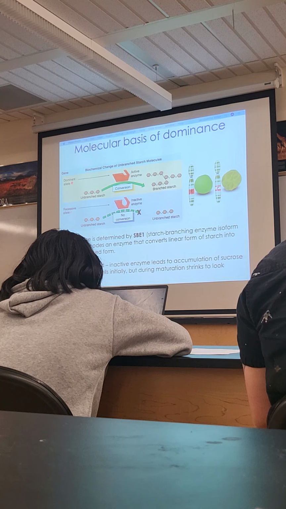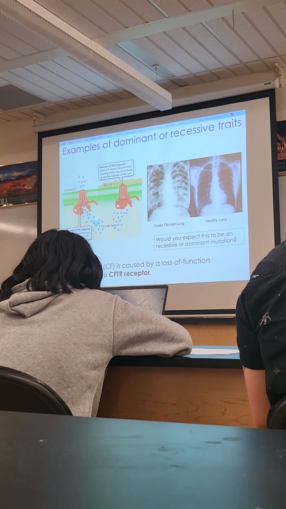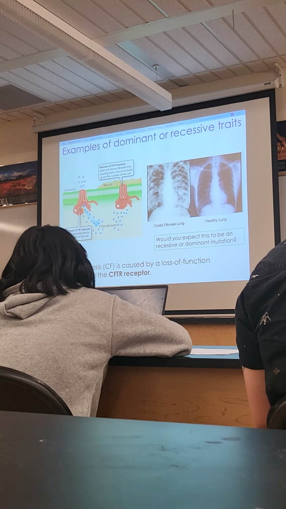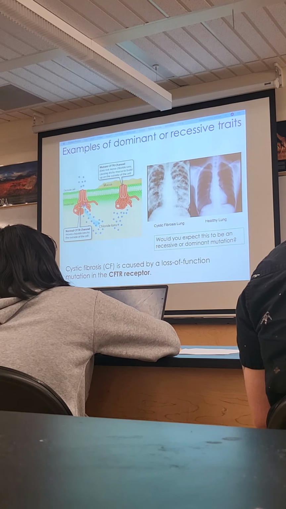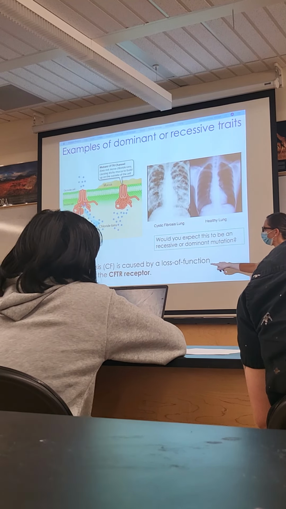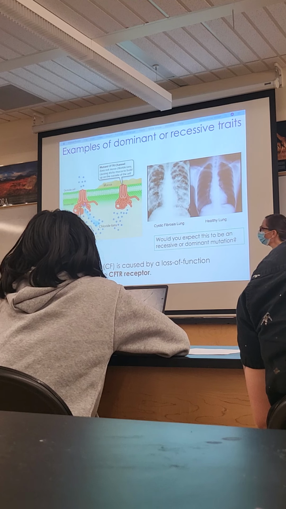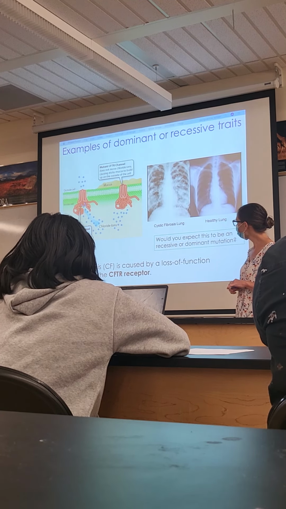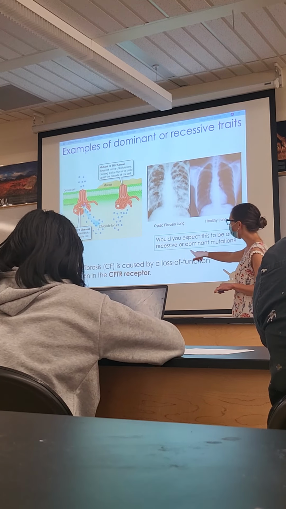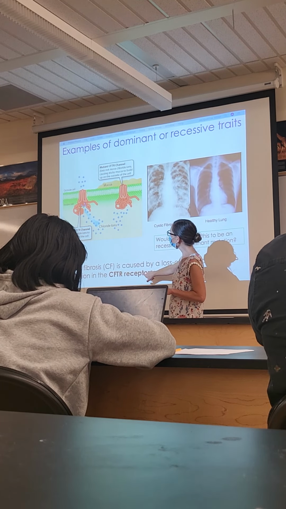Okay, so just to see if we have an understanding of these different traits. One human disease that I think we've talked a little bit about is cystic fibrosis, which is caused by a loss of function mutation in this gene called CFTR, which I think stands for some conductance. I actually forget the whole name of the gene, but it's a receptor that gets mutated.